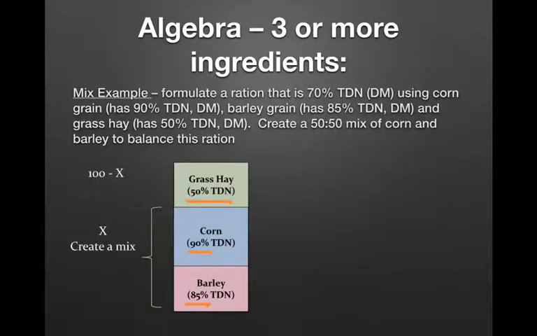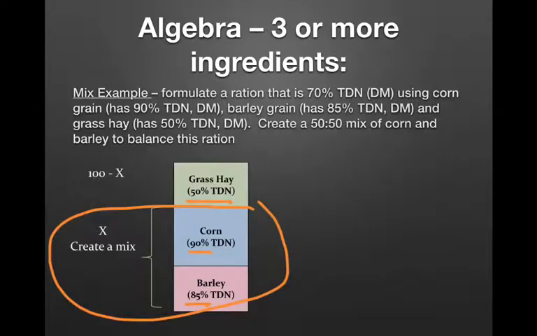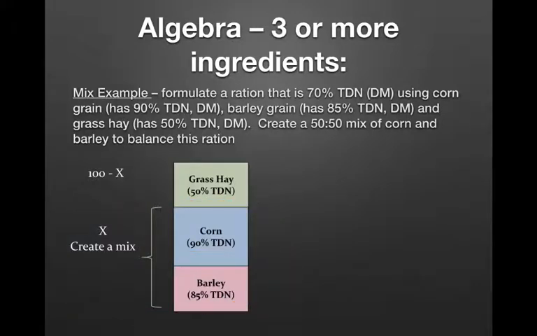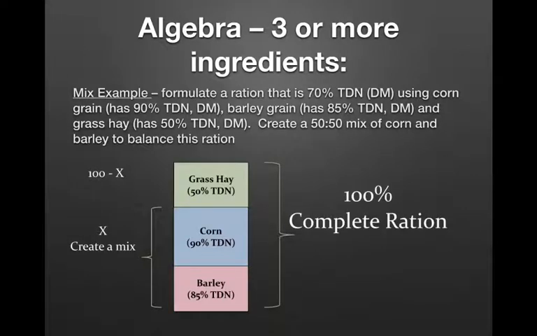So our grain mix is going to be X. The grass hay is going to be 100 minus X. We're mixing the 2 cereal grains to create one grain mix, and then we have a simple algebra problem like in the first algebra video that we watched. That's going to be pretty straightforward to solve. Together, those equal 100% of the complete ration.